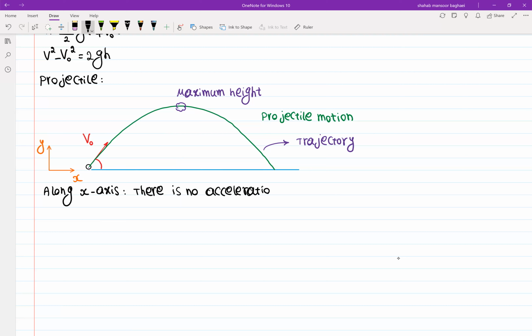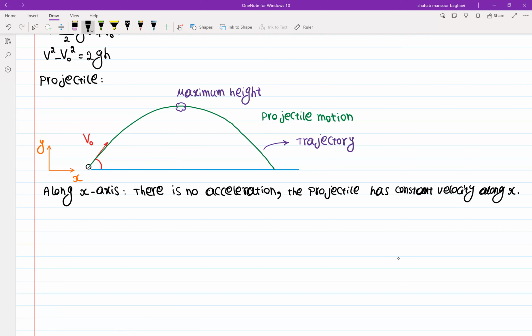In other words, the projectile has constant velocity along x. Very important.